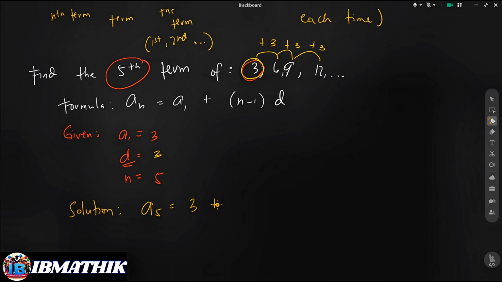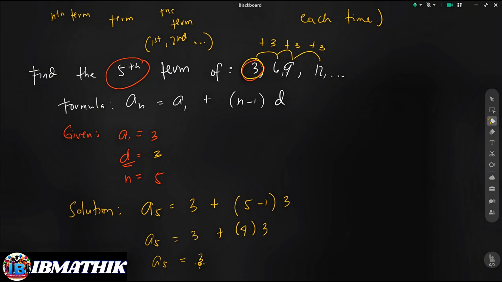We have 3, plus our n is 5 minus 1 times the common difference, which is 3.